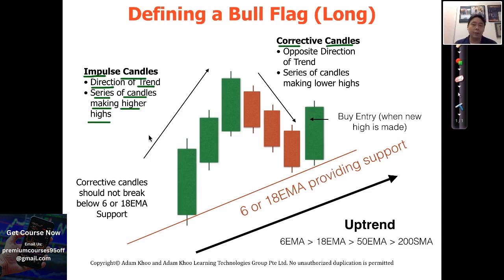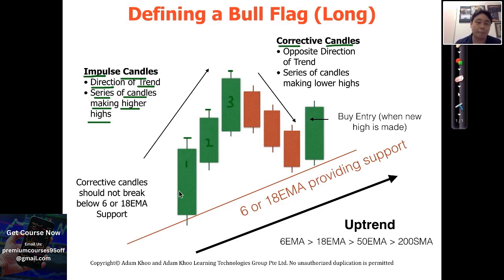If you take a look at these 3 candles, 1, 2, and 3, these are the impulsive candles. Why? Because they're going up in the direction of the trend, the uptrend. You can see that this high and this high and this high are making higher highs. So we call these the impulsive candles or impulsive wave.